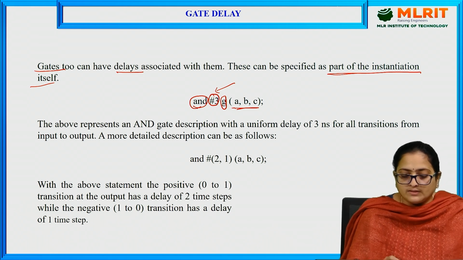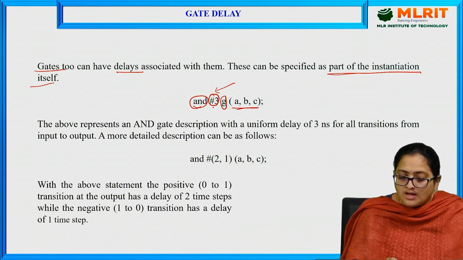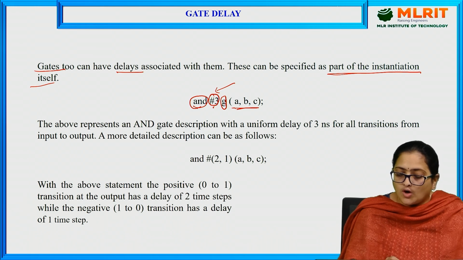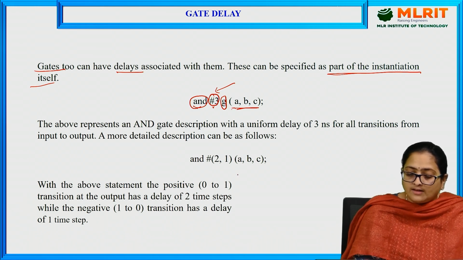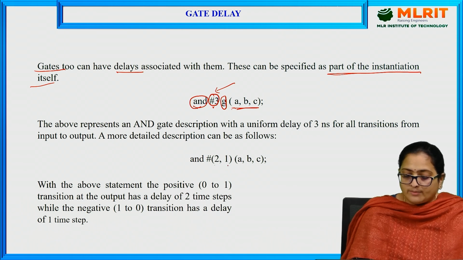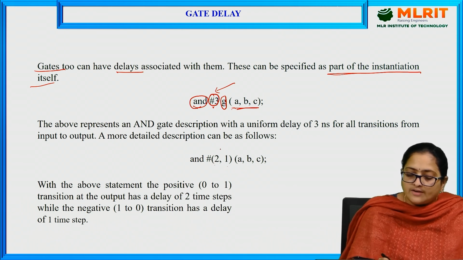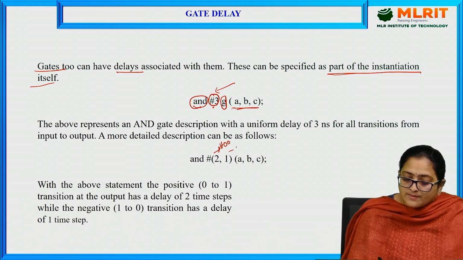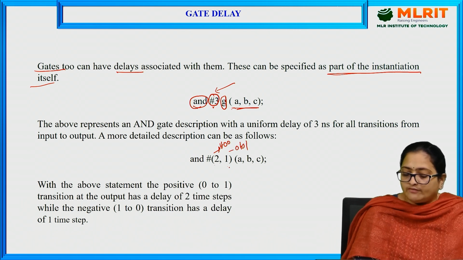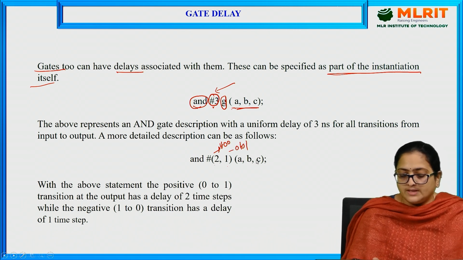Here the 3 represents the delay, whether it is a positive transition or a negative transition, for A, B, C. And here the 2,1 represents the rise time delay, that is the positive transition delay, and 1 represents the negative transition delay, for A, B, C.